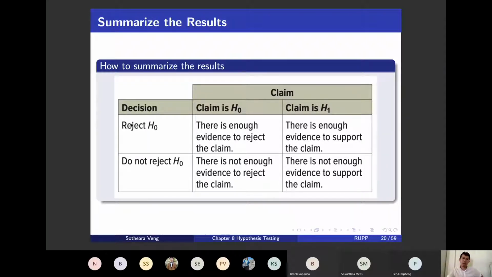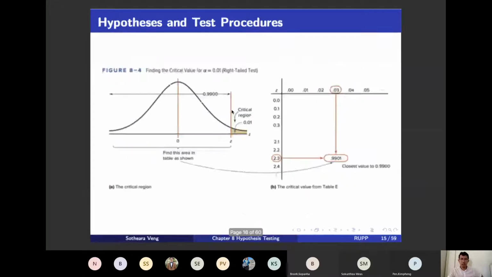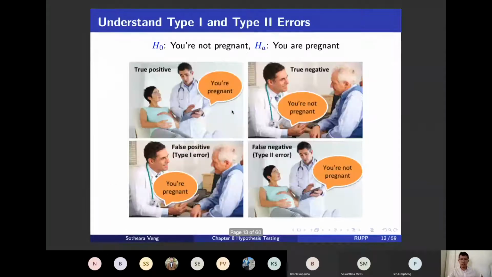So you may come up with rejecting H0. Maybe it's more convenient to explain using this. Suppose that this is the null hypothesis, and this is the alternative hypothesis.